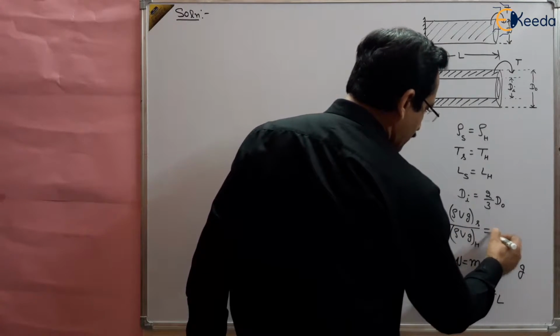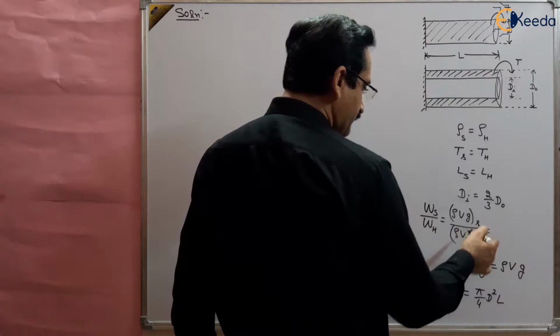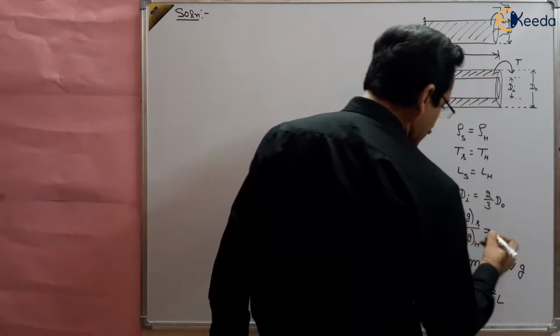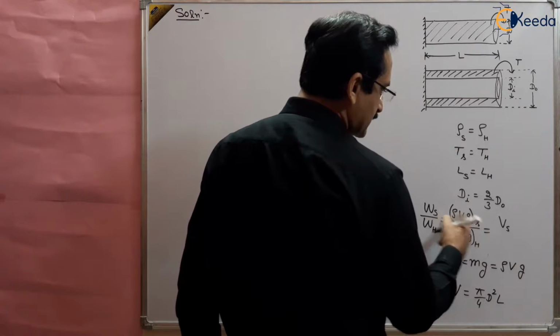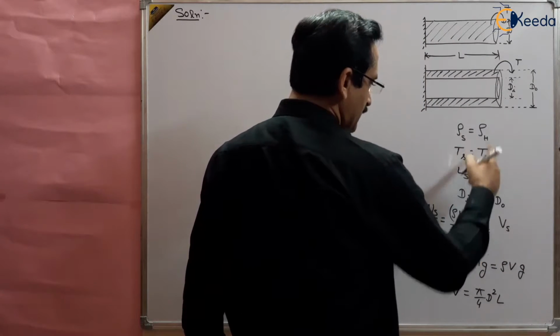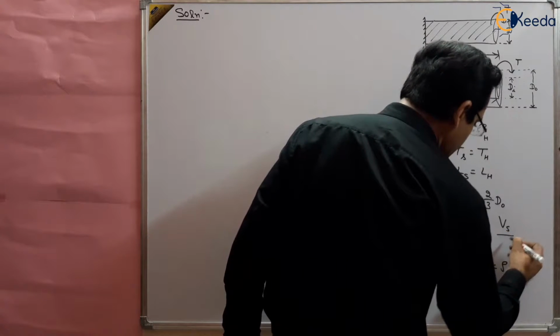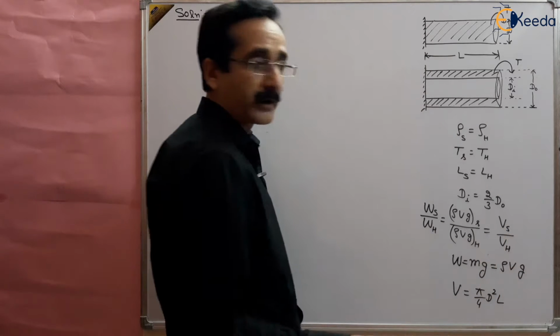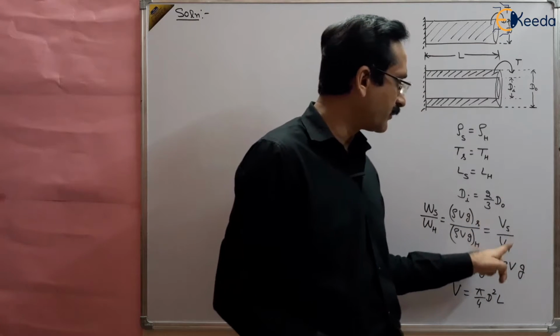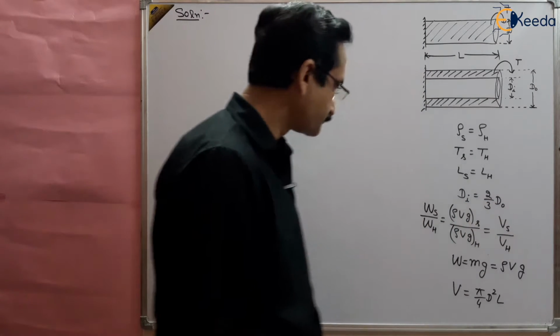And you know that density and g are same, because the same material is there. So volume of solid shaft by volume of hollow shaft, this ratio basically we have to find out, right?